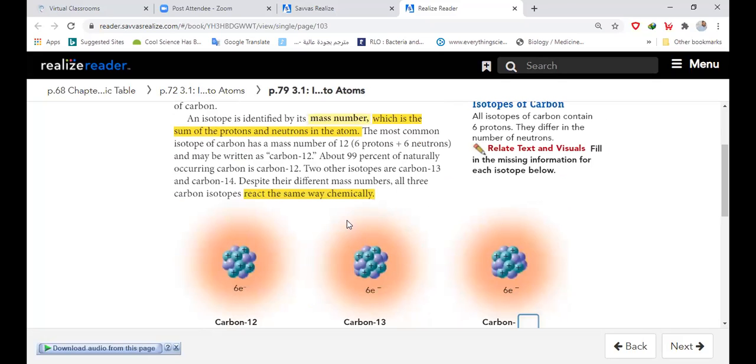No, always 6. All of them have 6 electrons. So they all carry out the same chemical reactions because they have the same number of electrons.